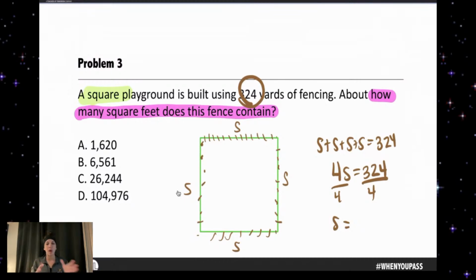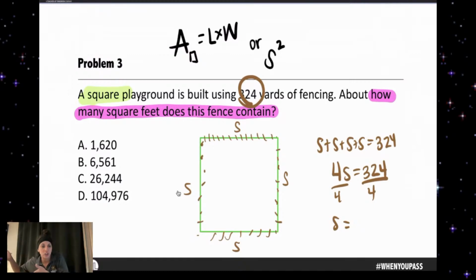And if that's the question being posed, I know that I need to find the area of a square, which is length times width, or side squared, because length times width is side times side, which is the same thing, side squared, right? So if I'm doing length times width, then I need to know what the length of a side is. So 324 divided by 4, I'm going to do that in my calculator.